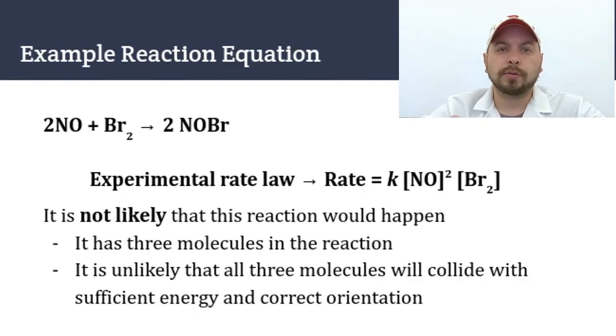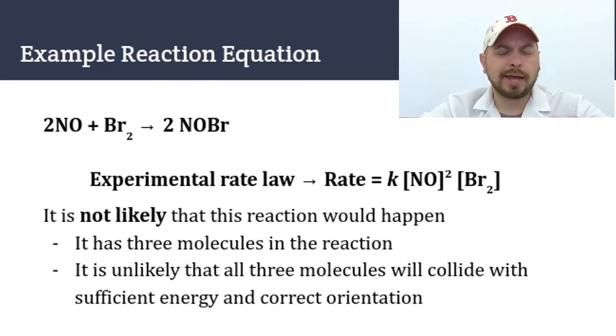Let's start by looking at a reaction and its experimental rate law. Now, in the reaction we're looking at here, we take two nitrogen monoxides, combine it with a bromine, Br2, and we get two NOBr. Now, the data shows that the rate law of this experiment was second order with respect to the nitrogen monoxide and first order with respect to bromine.